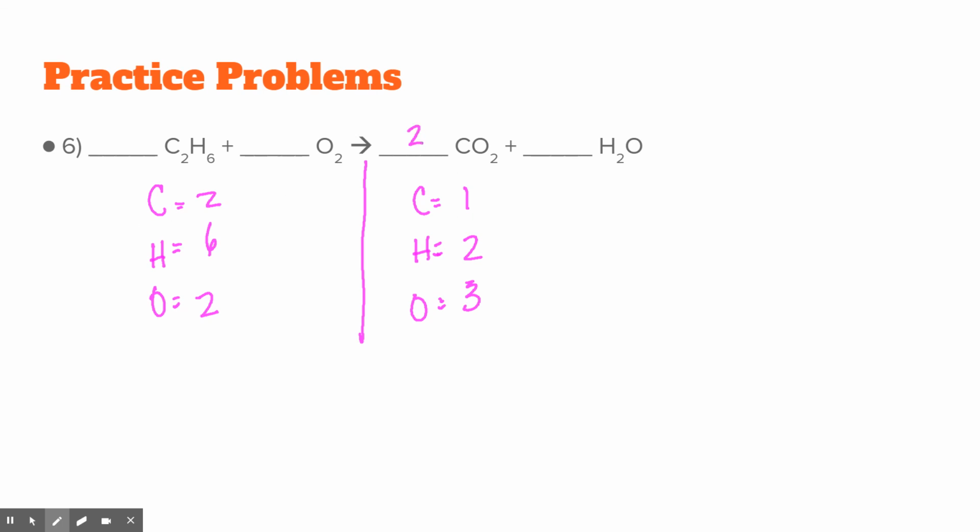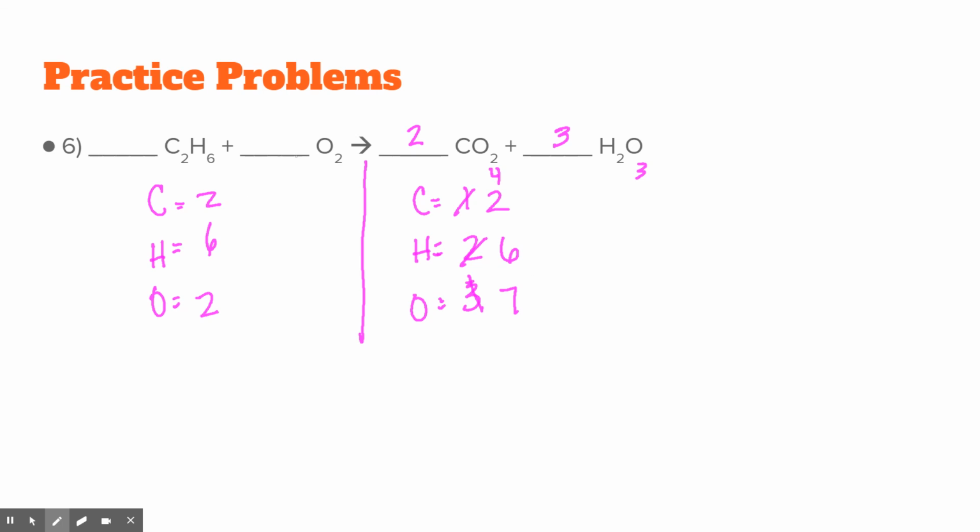So that's 2. My hydrogens, that's going to make my carbon 2. My hydrogen 6, so those match up. My oxygen, this is 4, and this is 3, so that's 7.